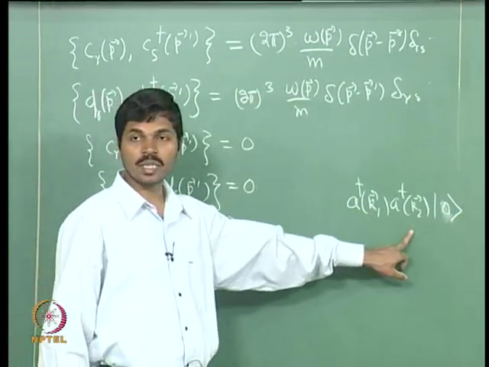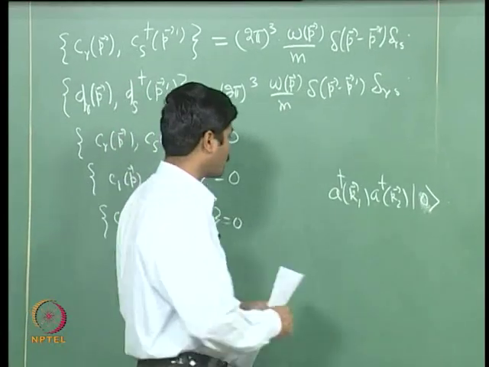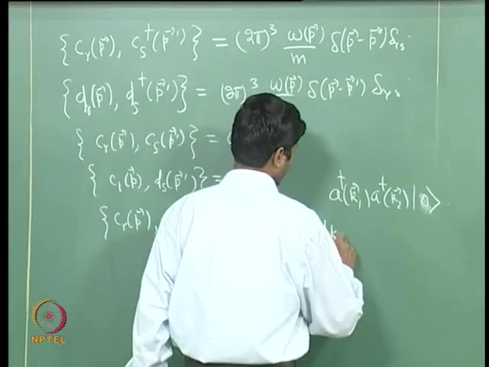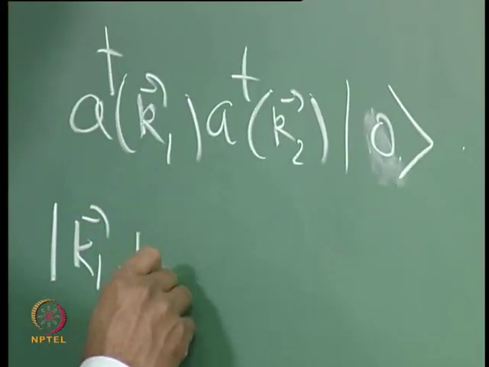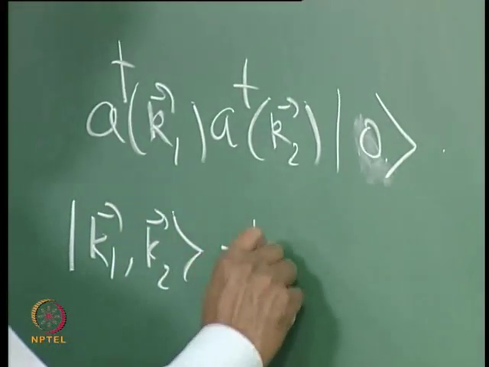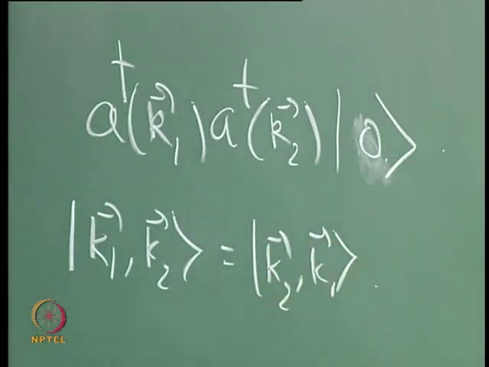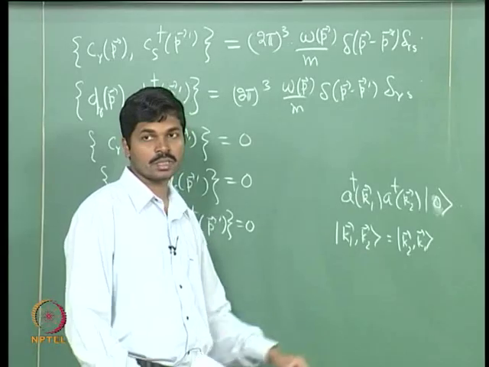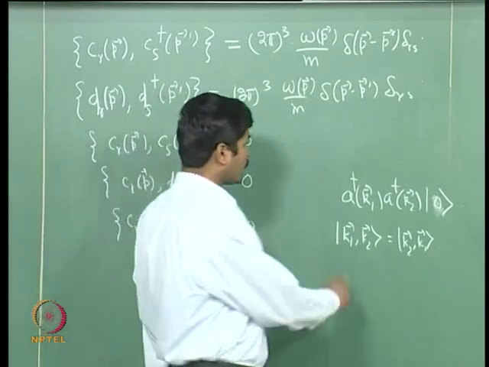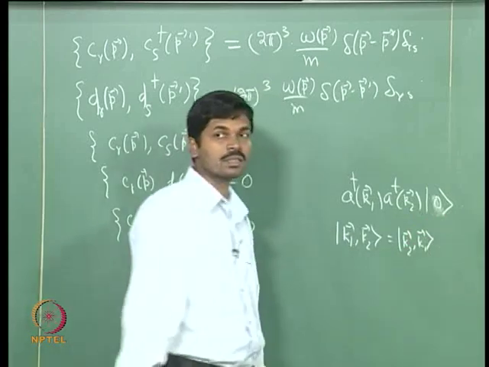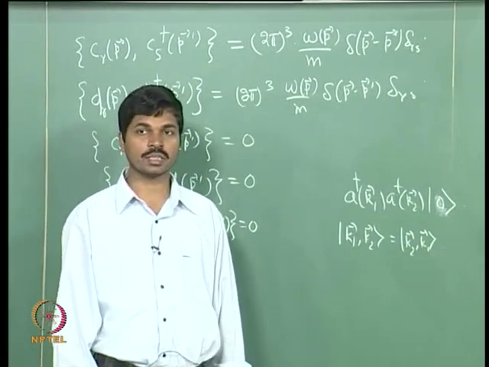Because a daggers commute, this state with k1, k2 is the same as k2, k1. The state does not change under the exchange of the quantum numbers here. So, that is why these particle-like states obey the Bose-Einstein statistics.